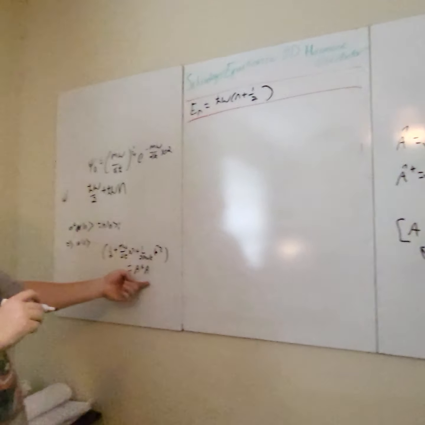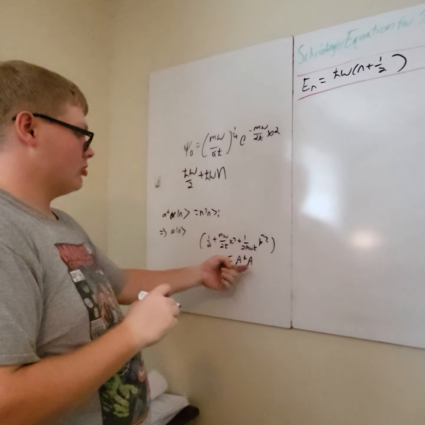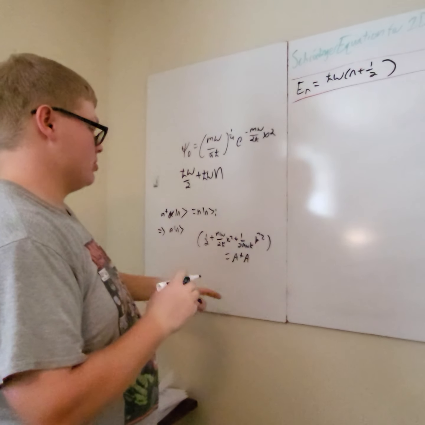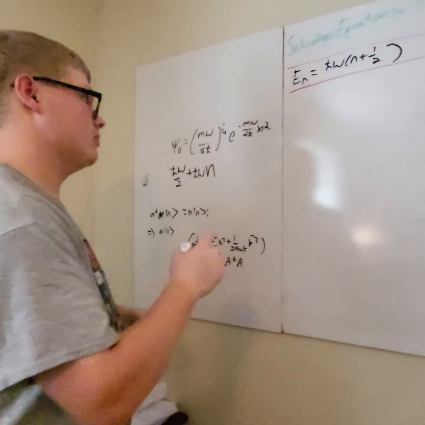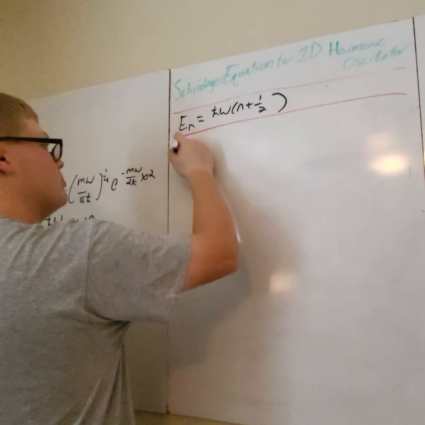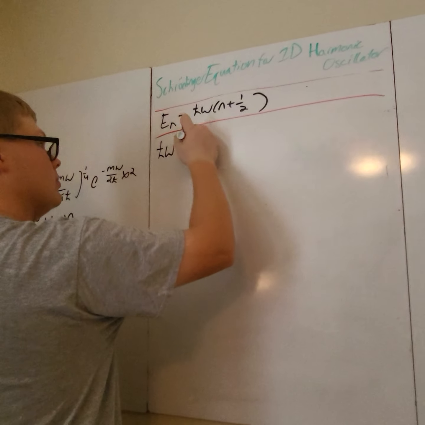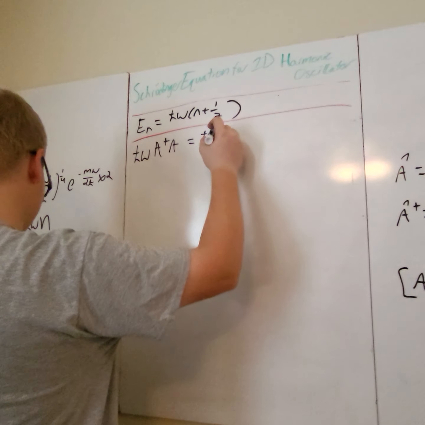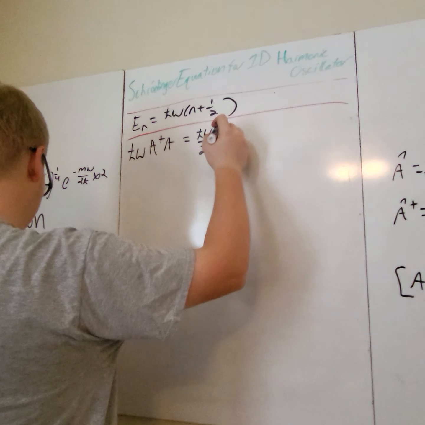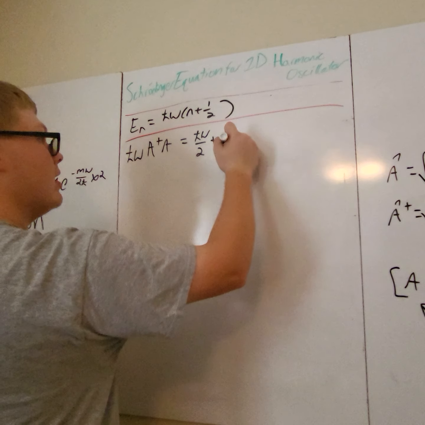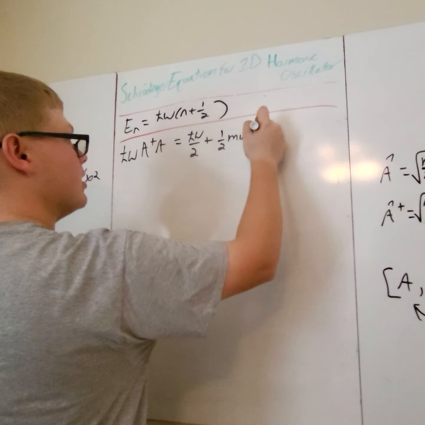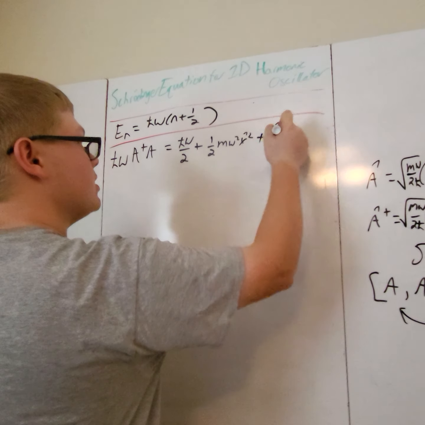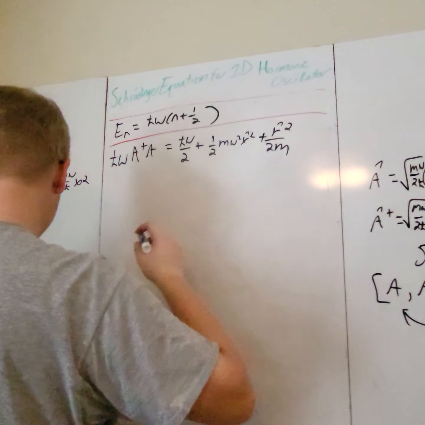Well, actually, yeah, we'll use that. Let's multiply that a star on a by h bar times w. What you get is h bar w a plus a equals h bar over 2 plus 1/2 mw squared x squared plus p squared over 2m.